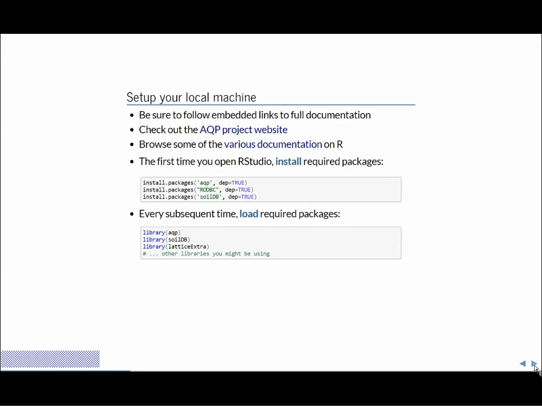Before any user can take advantage of a lot of this functionality, though, there are some growing pains. The first time someone sets up, they'll have to install these packages: AQP, RODBC, SoilDB.